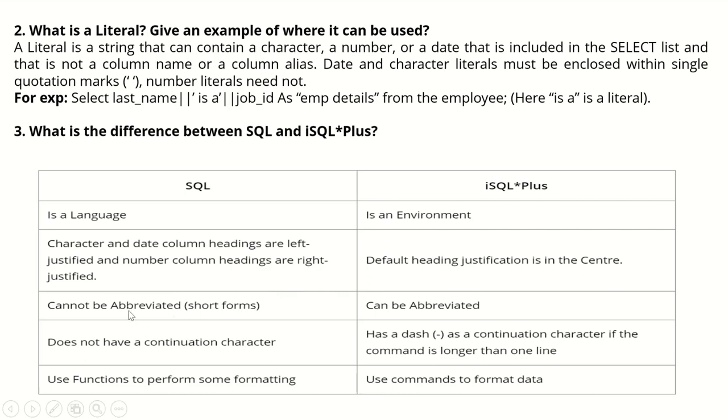SQL cannot be abbreviated, but iSQL*Plus commands can be abbreviated. SQL does not have a continuation character. iSQL*Plus has a dash as a continuation character if the command is longer than one line. In SQL, you use functions to perform some formatting, and in iSQL*Plus you use commands to format data.